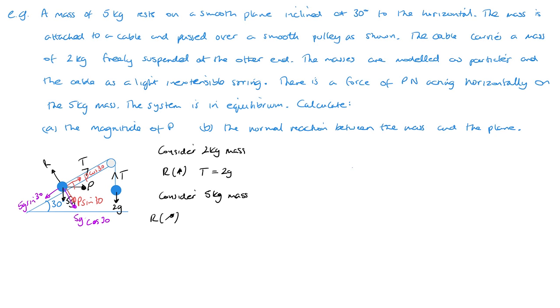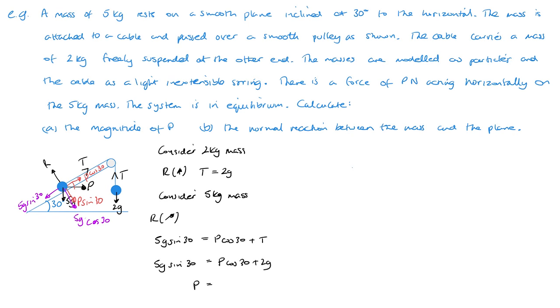Going down the plane, we've got 5g sine 30, and there are no other forces acting down the plane. Up the plane, we've got P cos 30 plus T. Now, T I already know from the previous one is 2g. So P cos 30 plus 2g equals 5g sine 30.